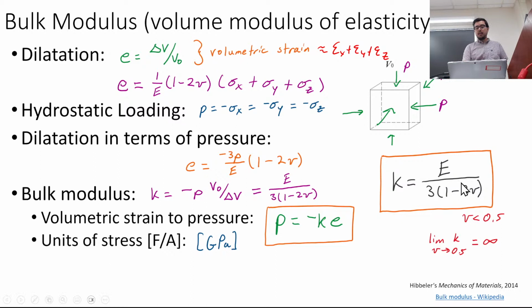Another interesting thing is that if the Poisson ratio is 0.5, then this bulk modulus will shoot up to infinity. Most of the materials that we're dealing with in this class have a Poisson ratio of around 0.3, somewhere 0.33, 0.23, something in that ballpark.